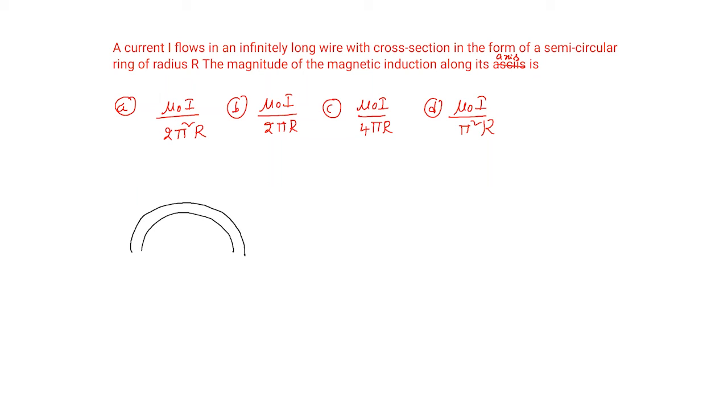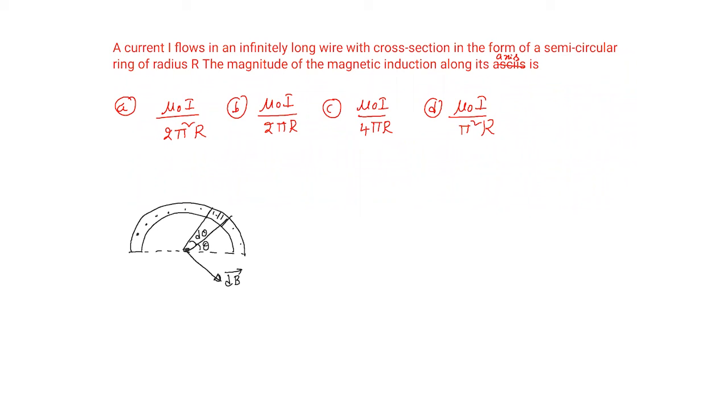Say current is towards us. Then you divide this entire semicircular wire into small elements. Consider a small element which subtends an angle d theta at an angle theta. Now it will produce a magnetic field perpendicular to the radius vector. So like this, this is dB.